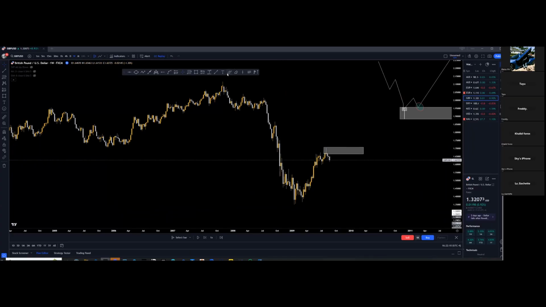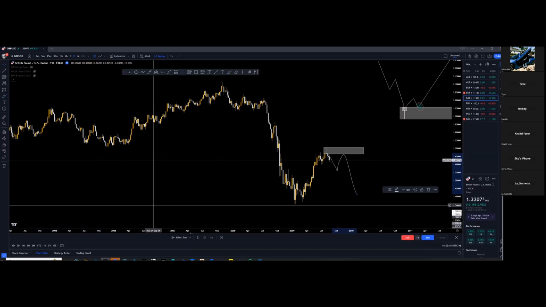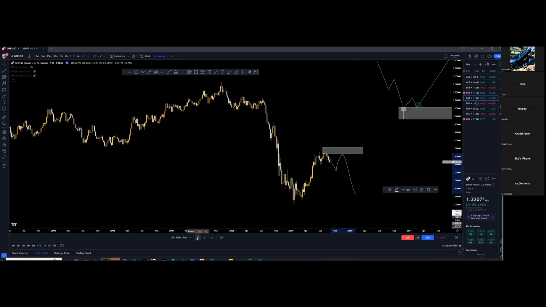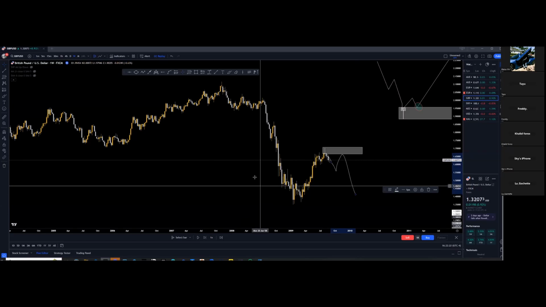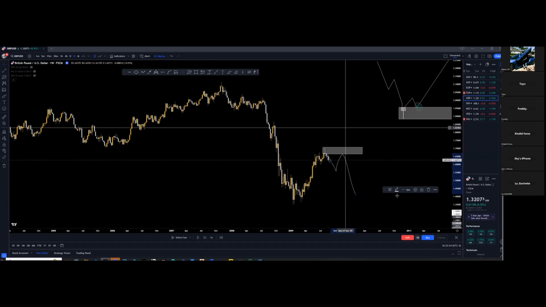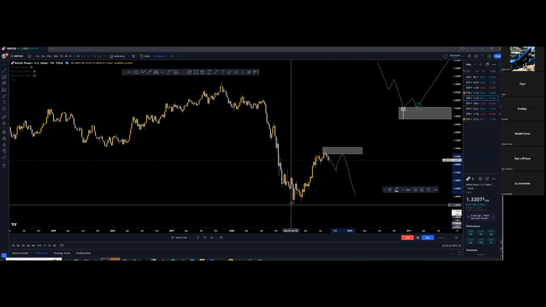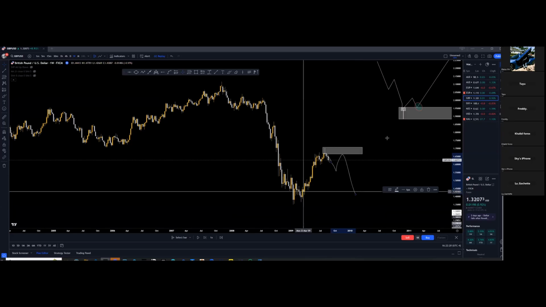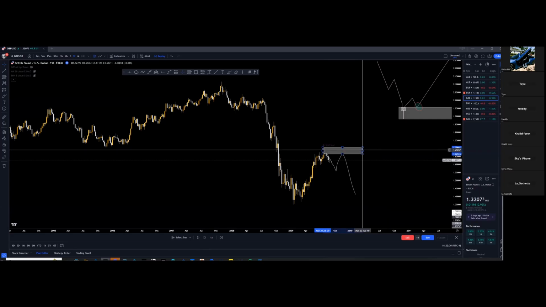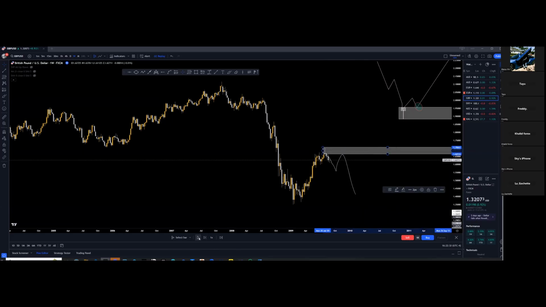You're waiting to see, okay, let me see price drop and then come back into the area. Let me take a short. Price is moving. You're waiting to see whenever price comes there. So you see you're drawing your zone even before price gets there. It's unlike support and resistance where you draw because price has been there before. So you're drawing your zone before price gets there. You see that? You're like, all right, I'm waiting on my zone. Price gets there.